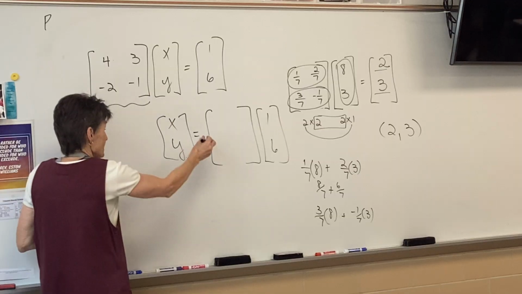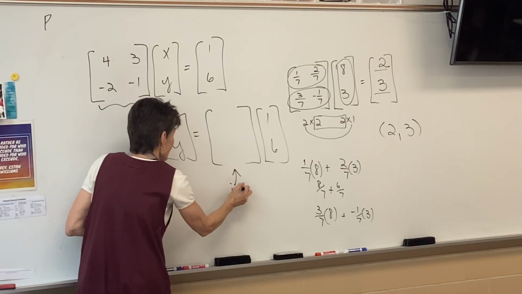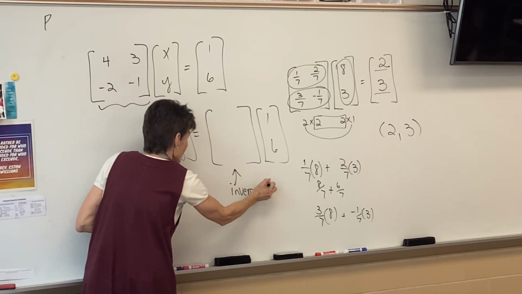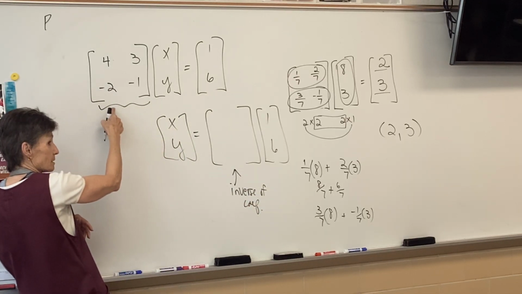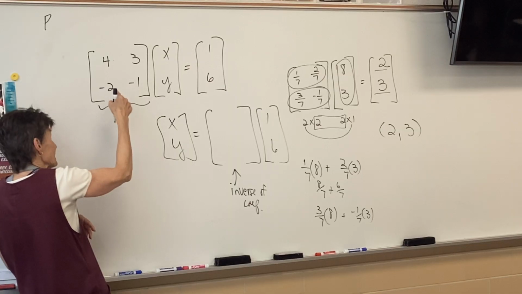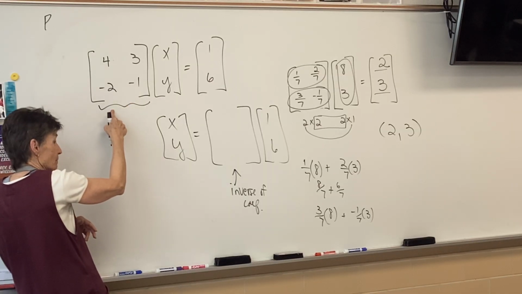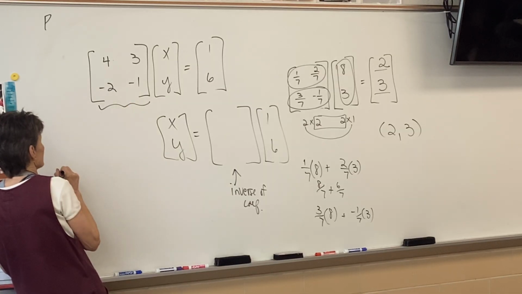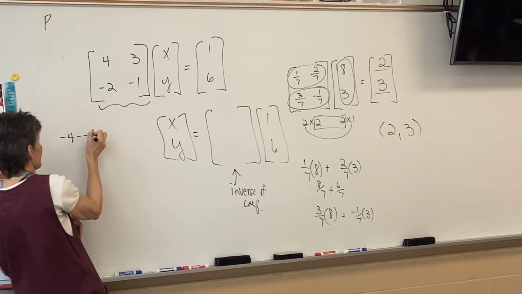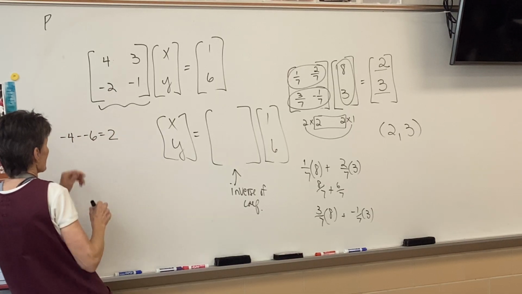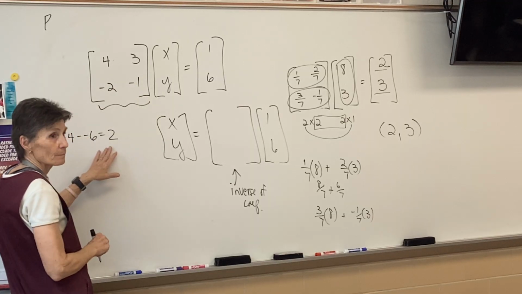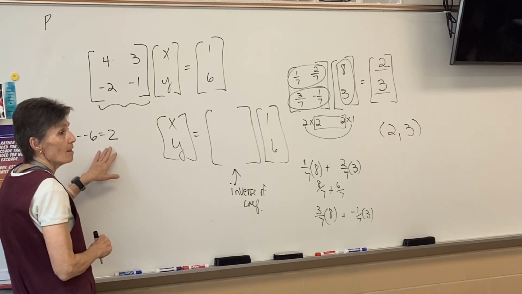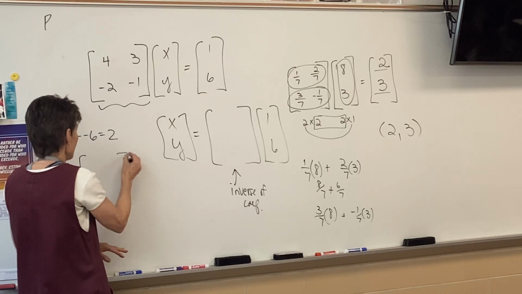So this is the inverse of the coefficients. Here are the coefficients, so I need the inverse of that. I'll find my determinant, which I think is 2. Then I'll find my adjoint.